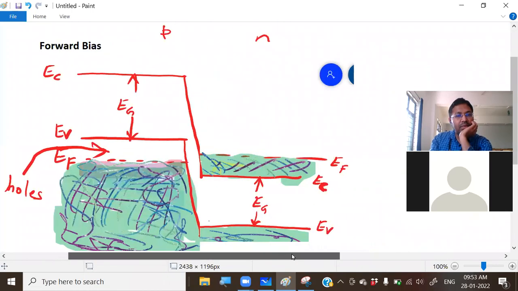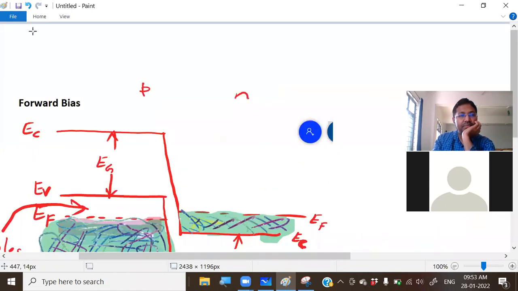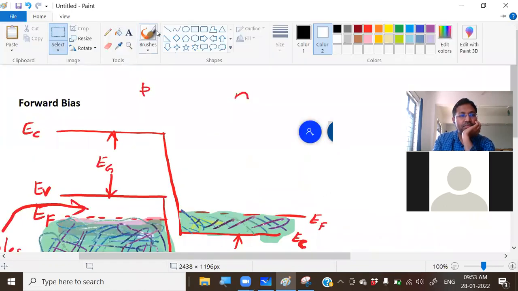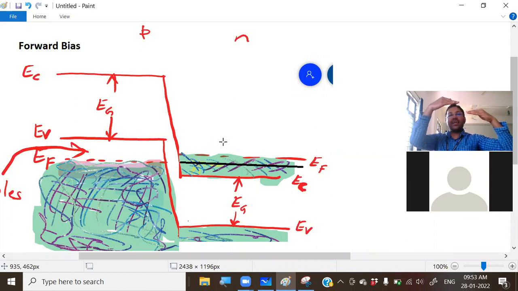Now again, let me draw a straight line which indicates constant Fermi level. If you see, the Fermi level on the N side is higher compared to the P side.